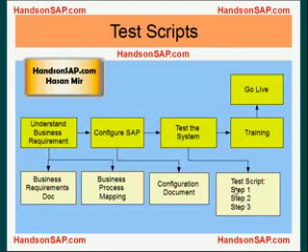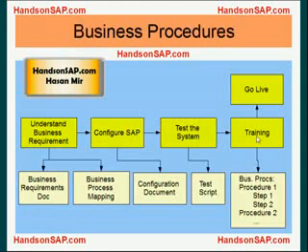So once the testing is done, you go to the training stage, and here a business procedure document has to be created. A consultant could create this document, or maybe some temporary staff could create it as well, but it has to be created. What is a business procedure document?